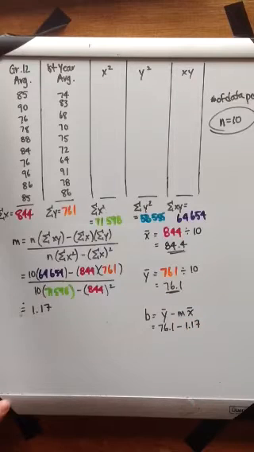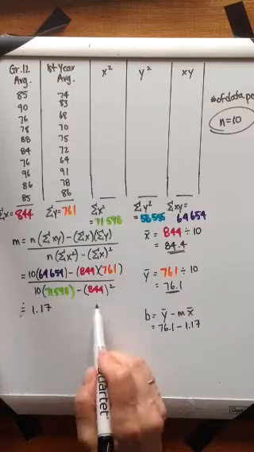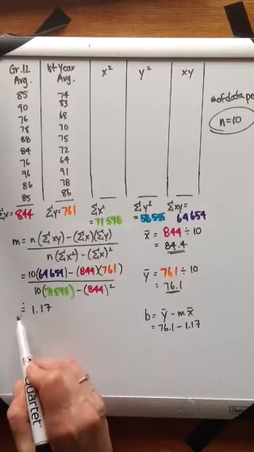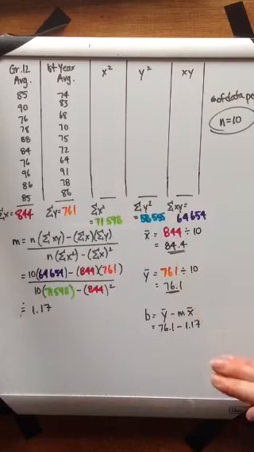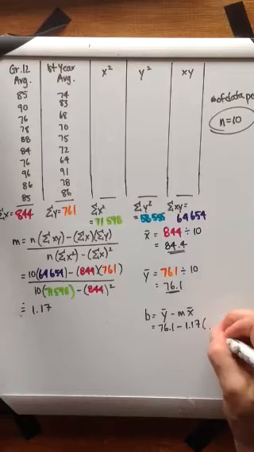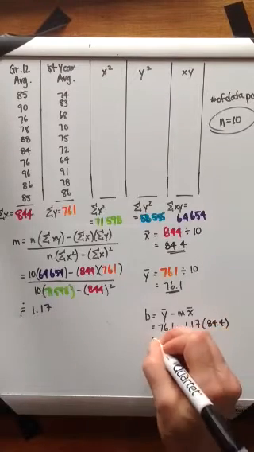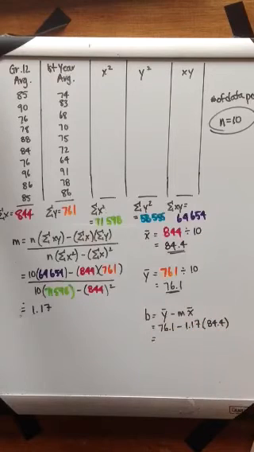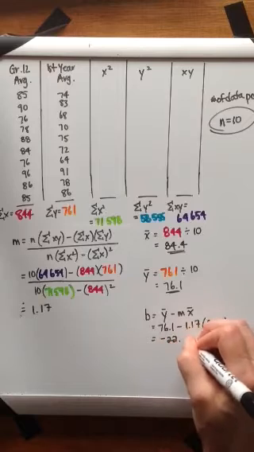And while you have this in your calculator, it's best to leave this with all of its decimals, even though we've approximated here on paper, to give the best b value possible, because the more we round in each of our calculations, the more off our final answer will be. Our x value here is 84.4, and when we punch this in, we get a b value of negative 22.65.